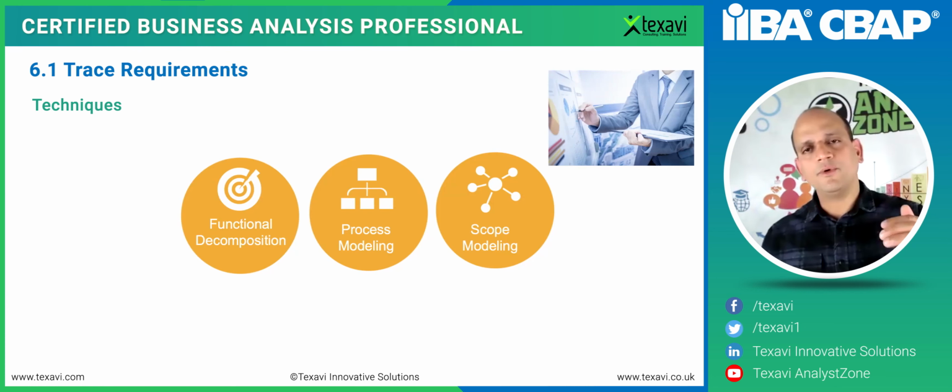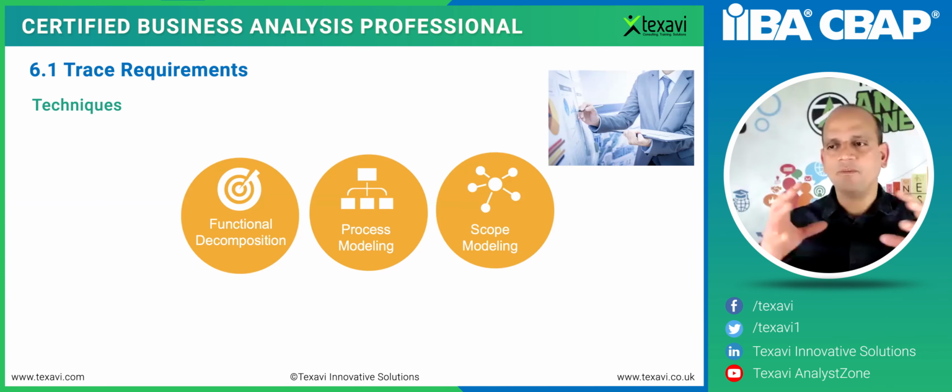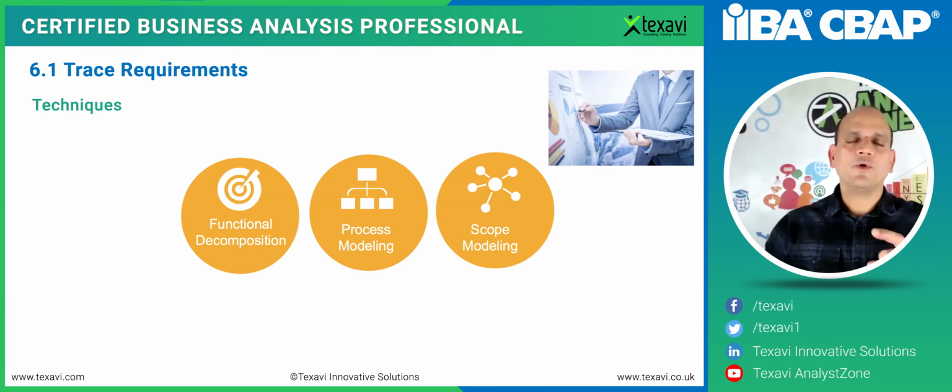So functional decomposition is a good technique for you to look at big things and then look at the modules, for example. Look at the overall system, break it down into different modules: admin, core, and user. Take each module and break it down into different functionalities, each function into features, each feature into different activities, each activity into different tasks, each task into perhaps subtasks.